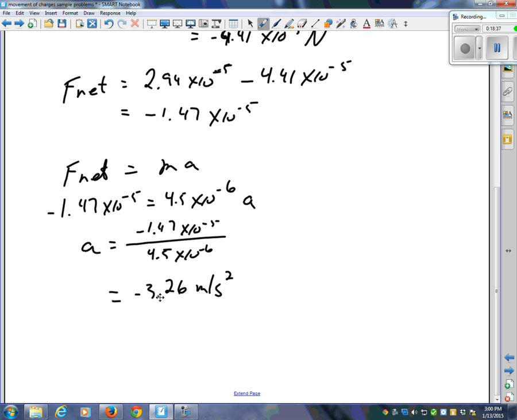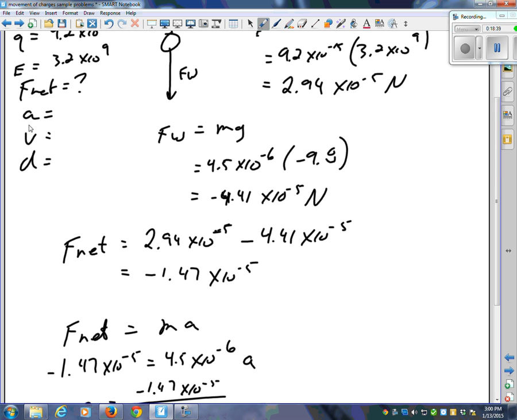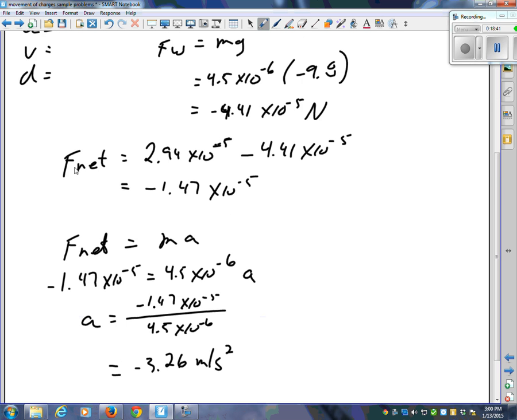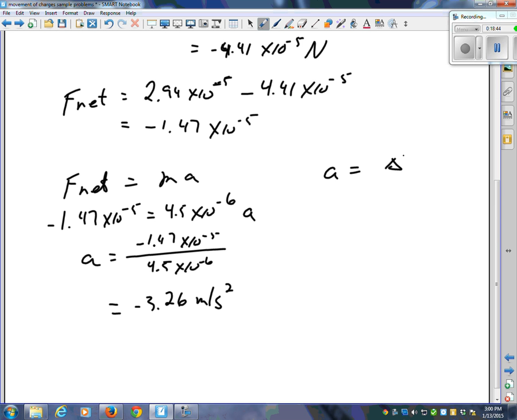How do we get from acceleration to velocity? A equals delta V over delta T. The acceleration is minus 3.26. The time was 1.5.